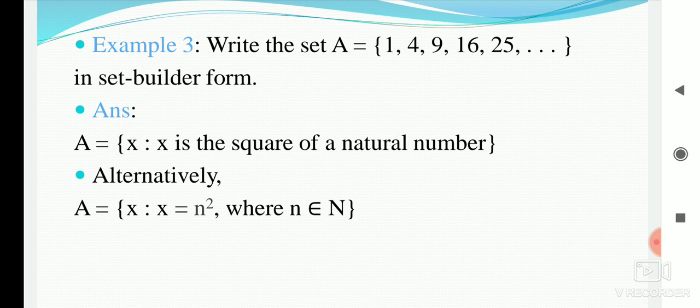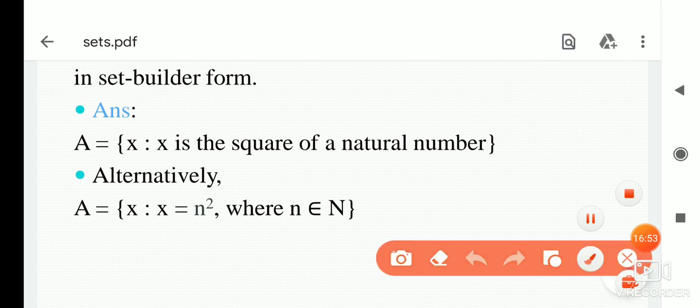Write down A equal to, in curly bracket, set of all x such that, these 2 dots you can read as such that, x is the square of, you can see square here, each number is the square of some number. So A is the set of all x such that x is the square of a natural number. You have to remember these 2 properties here.